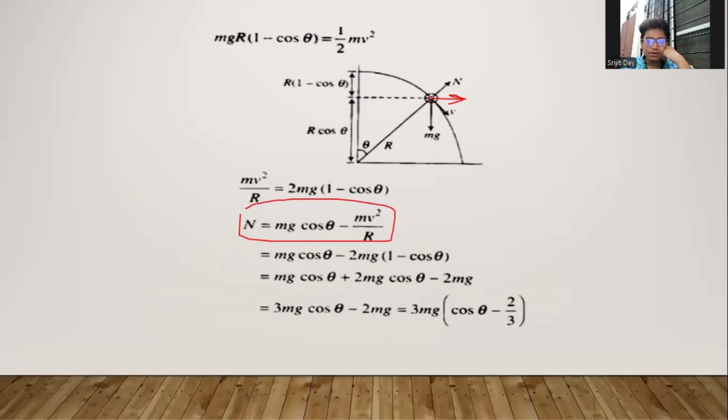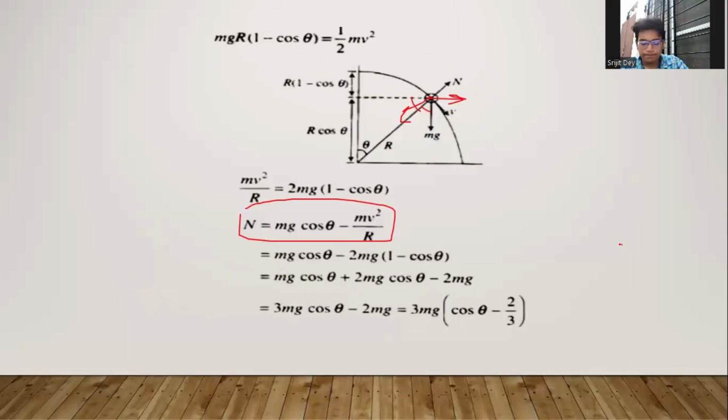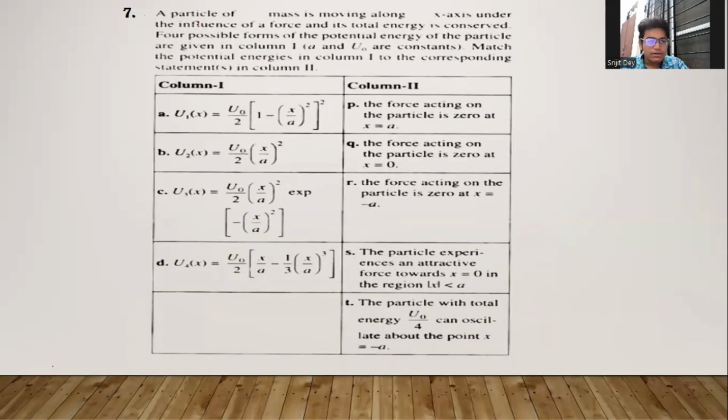This is your mg, and this will be your mg cos theta. Okay, because this will be 90 minus theta, this will be theta. Okay, so from there, when you solve, you will get a value of cos theta, and from there, you can contemplate at which position the force is inward or outward by getting the sign. So basically, this is a simple question.